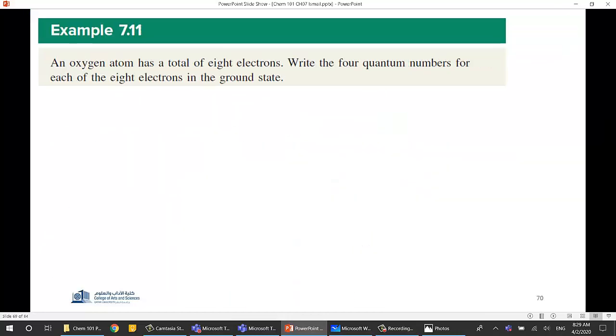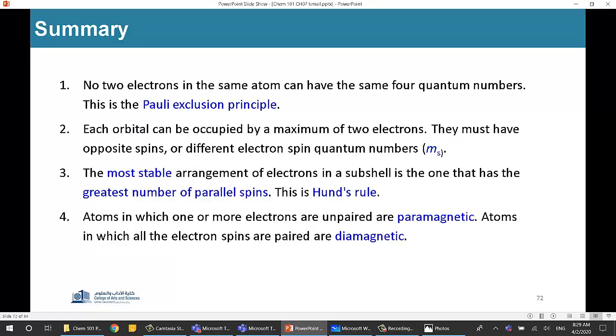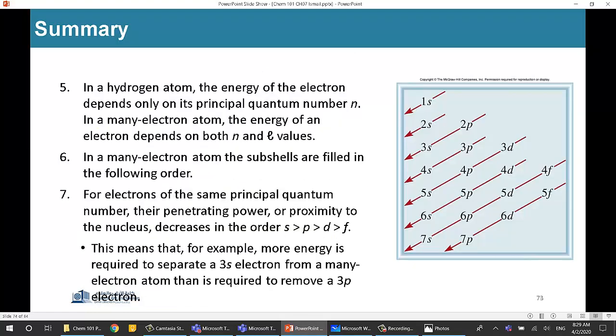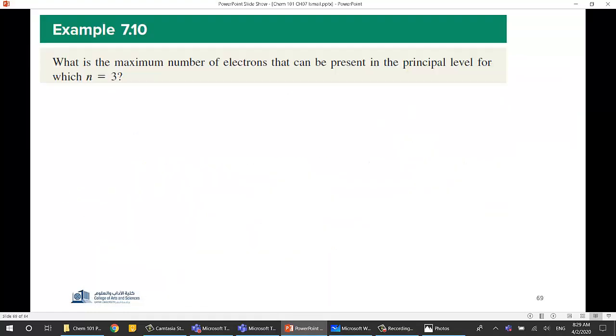Now, let us jump into questions. What is the maximum number of electrons that can be present in a principal level of n equals 3? I think we solved this last time. You can use the rule here.